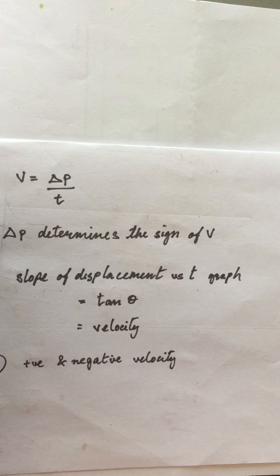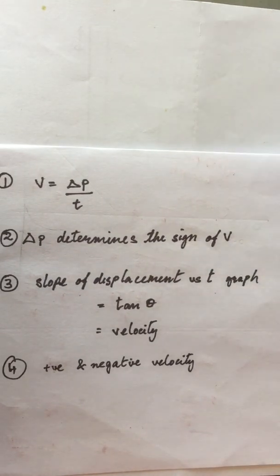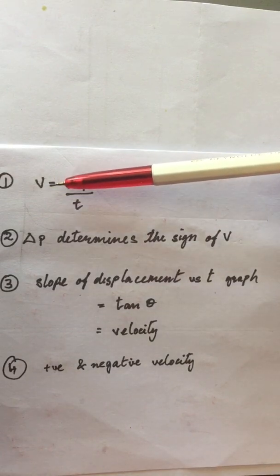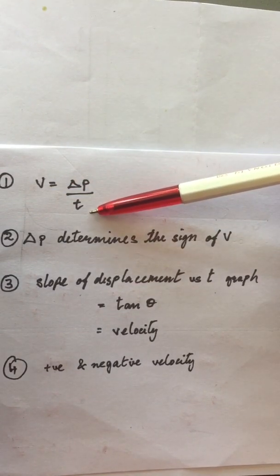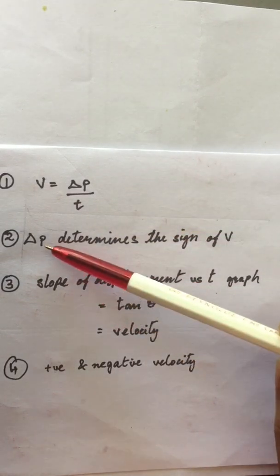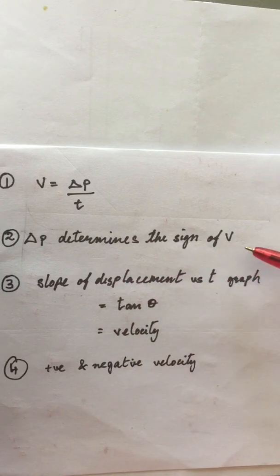In the second video in this series, we're going to look at velocity and how it relates to displacement. So we're going to look at these 4 points. The first is velocity is change in position over time. This we already know. That means that the change in position determines the sign of the velocity.